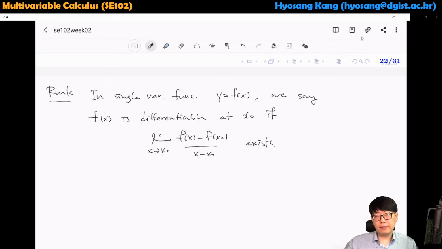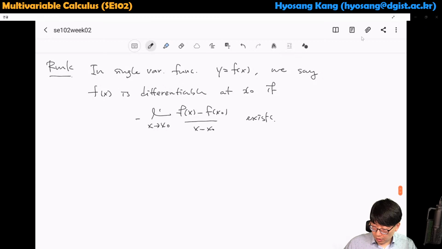If it exists, the value of the limit is called the differential, and we denote it by f'(x0). But we are only talking about the existence of the differential, or differentiability, of the function. So this is the definition of differentiability of a single variable function.